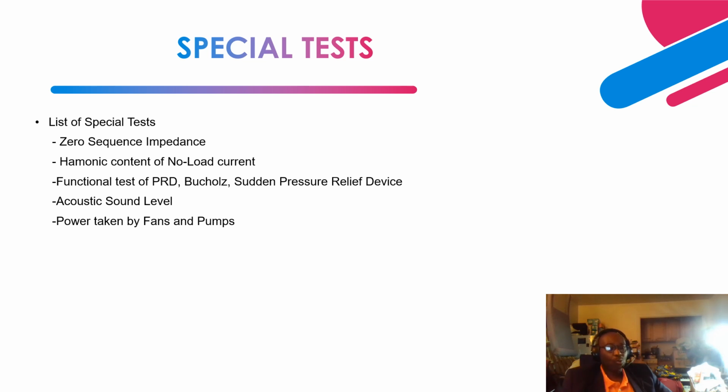Why the need for zero sequence impedance? Zero sequence impedance is requested when the protective relay engineer needs to use that impedance to determine the line to ground fault currents and double line to ground fault current.